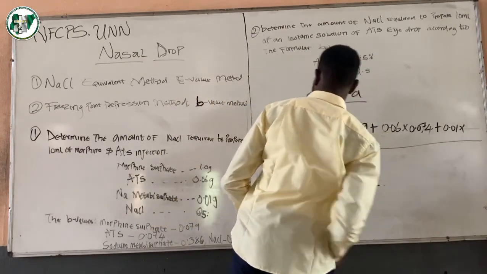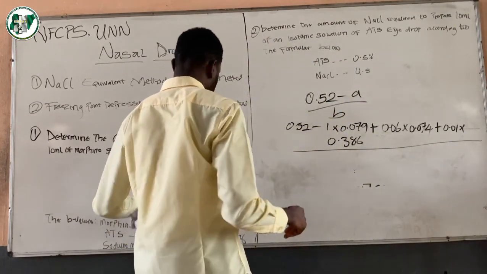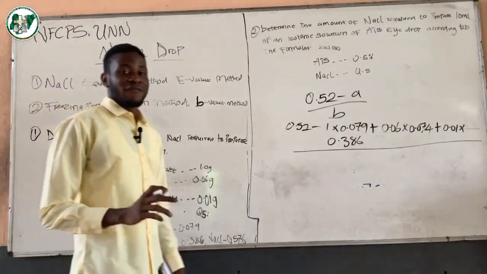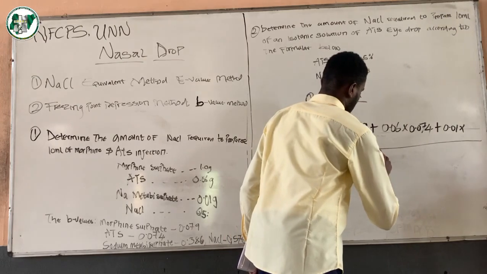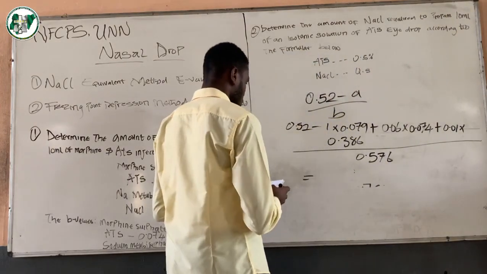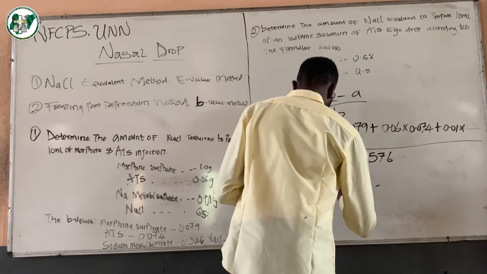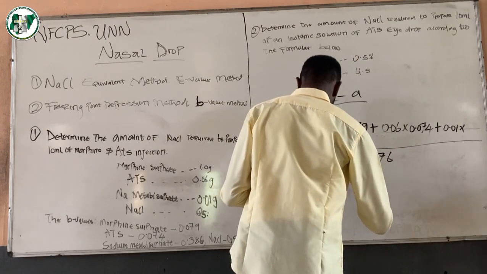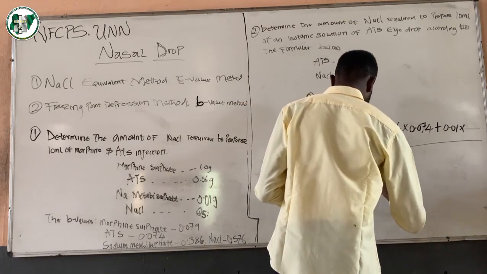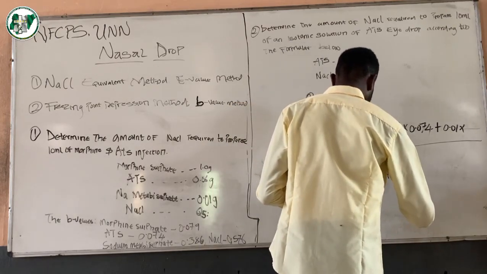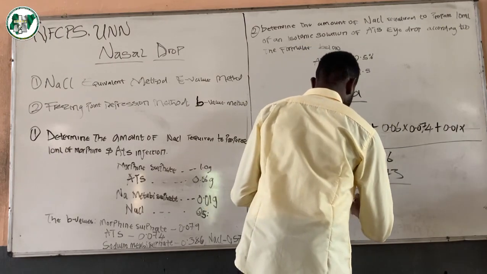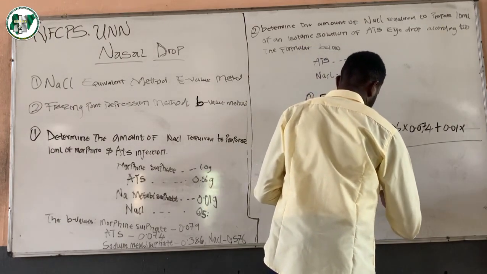Then now divide it by the B value of the sodium chloride, which is 0.576. So when you do this, you'll be getting 0.52 minus 0.0873 divided by 0.576.